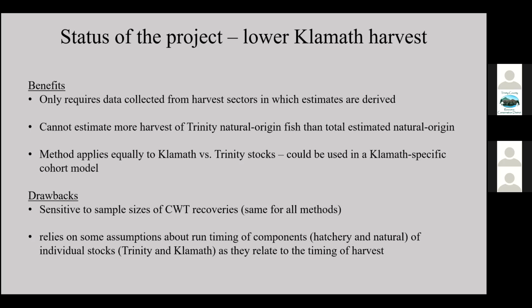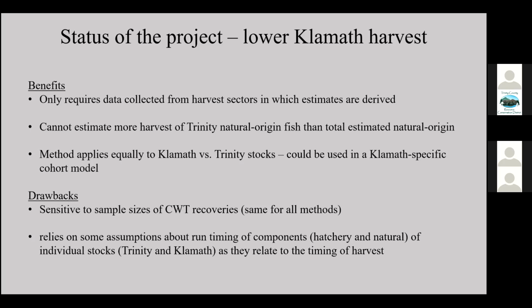Another benefit is that it's not possible to estimate more harvest of Trinity natural origin fish than the total estimated natural. Now that seems like, well, yeah, obviously, how could that ever make sense? But one method that we investigated had that property, and we see that in other spheres too.